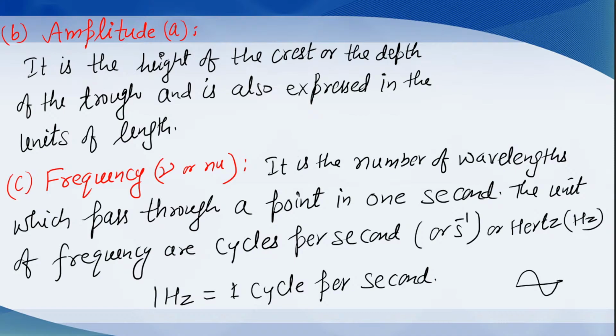That is called one cycle. So how many cycles are passing through a given point in 1 second? That is called frequency. And EM, the electromagnetic waves, they differ in their frequency and wavelength.